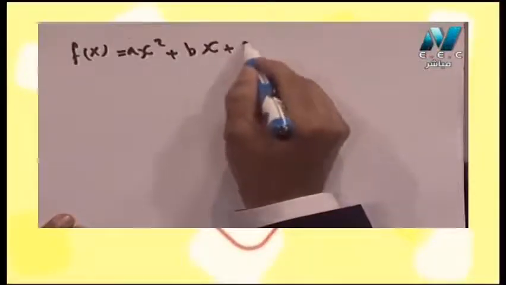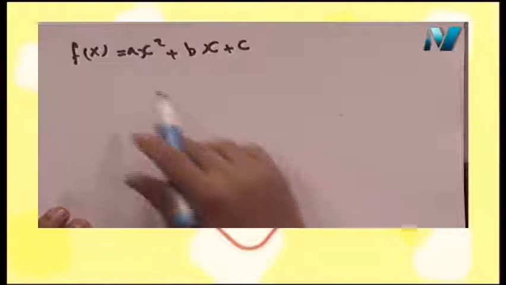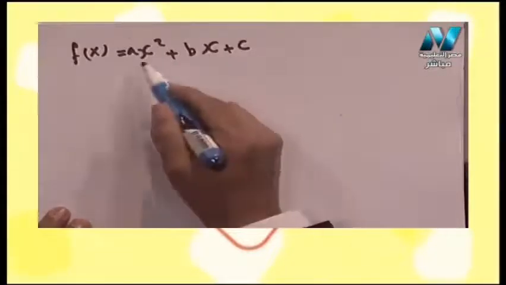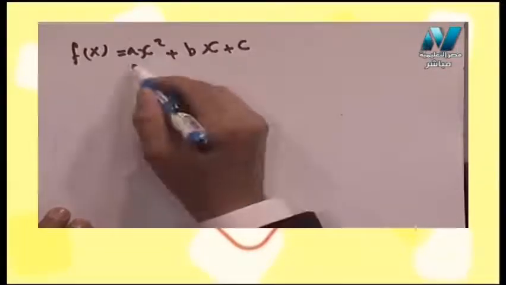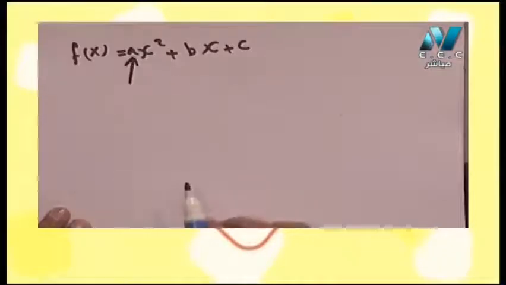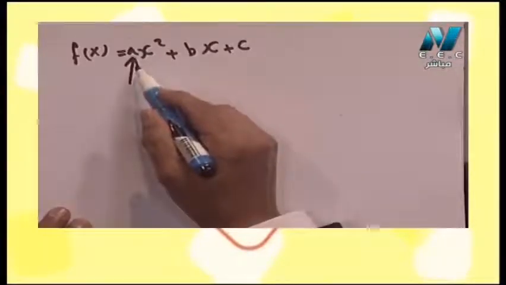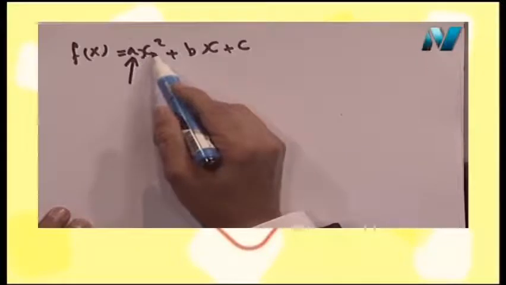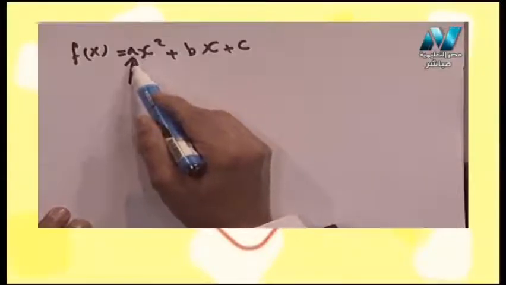If f of x equals ax power 2 plus bx plus c, it is a quadratic function. a is the coefficient of x power 2, and concentrate on a very much, because it is the sign of x power 2. If it is negative, it's different from positive.